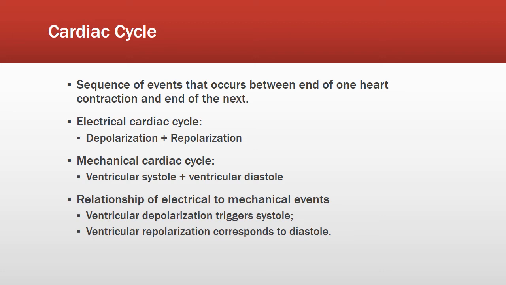So again, with electrical cardiac cycle, depolarization plus repolarization. Mechanical cardiac cycle is ventricular systole plus ventricular diastole. The relationship to mechanical events is ventricular depolarization triggers systole, and ventricular repolarization corresponds to diastole.